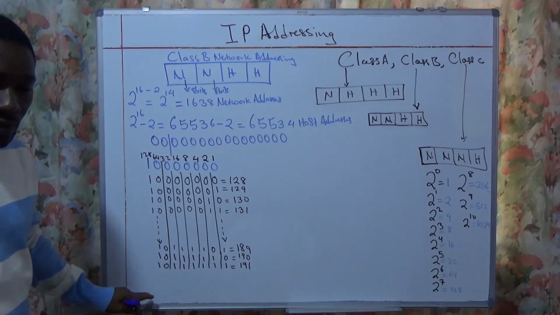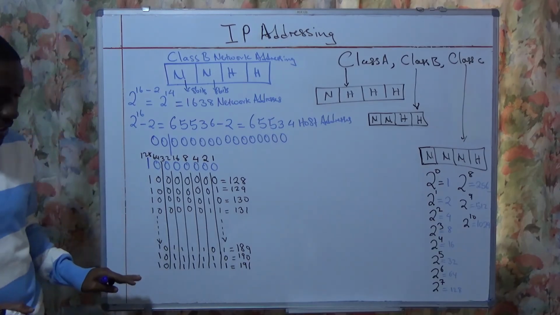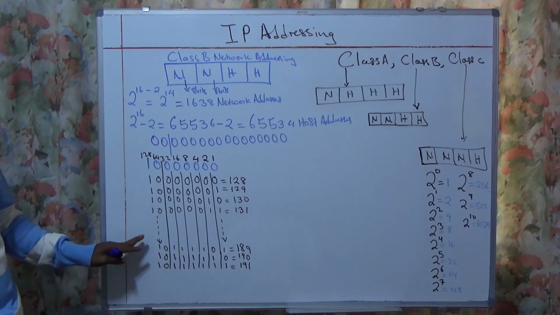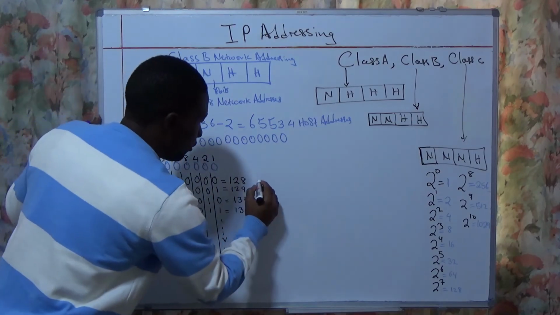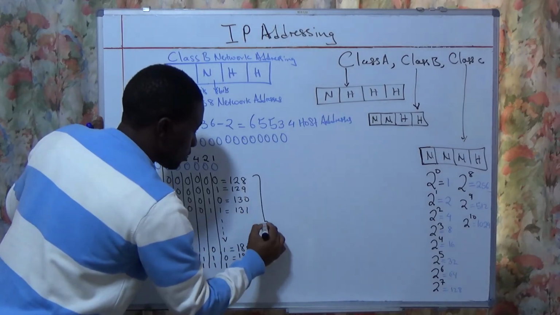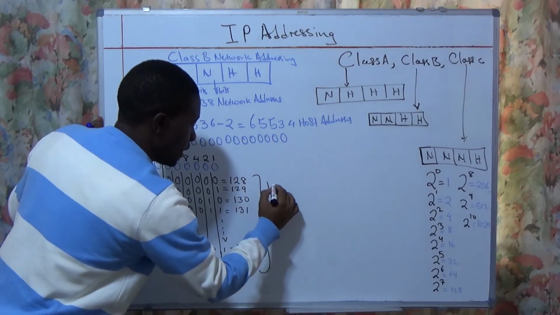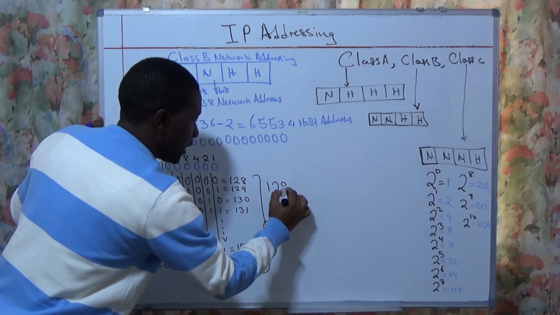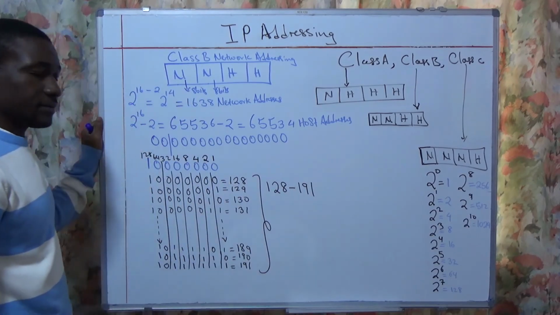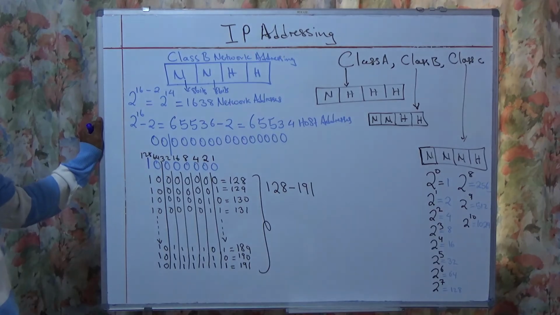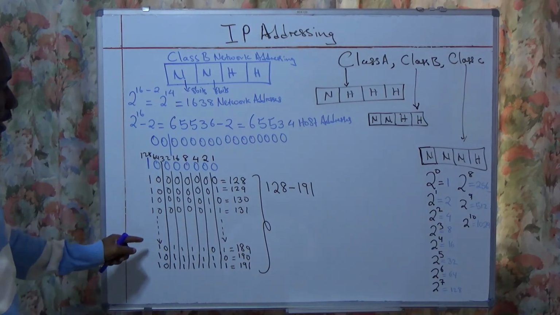Now, from our understanding, we have seen that class B starts from 128 to 191. So, what does this mean?